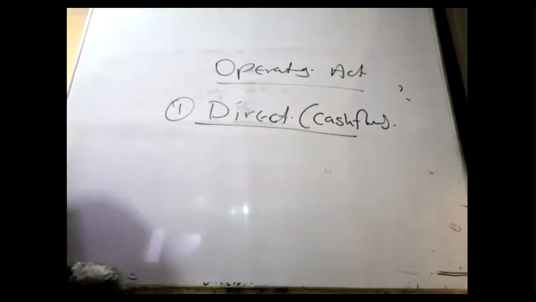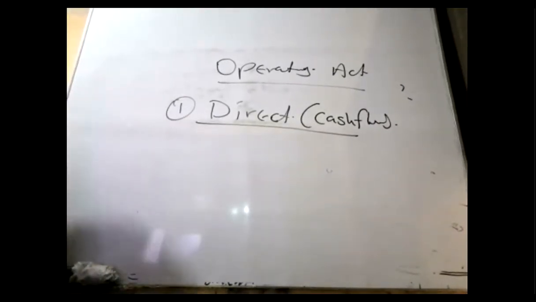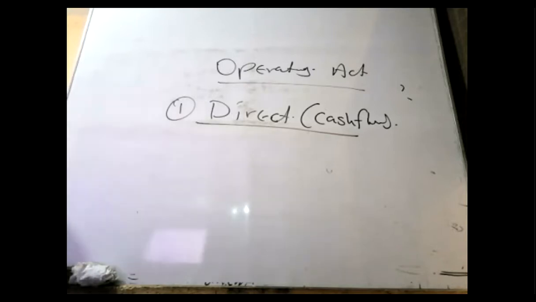And the format has been provided in a previous lecture video, as well as in the material. So I'll scan through the format in our material for you to have the direct method. Let's see with the direct method how to write the cash flow.